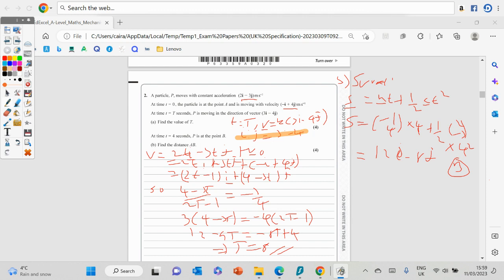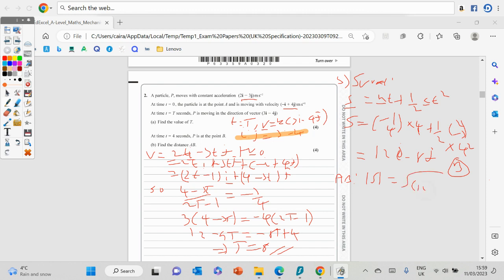I'm trying to think of the way to do this. Oh, because we know this is the position of B, all we really need to do, for A to B, is find the modulus of this vector here. So we need to find the mod of this distance. That's all we really need to do.